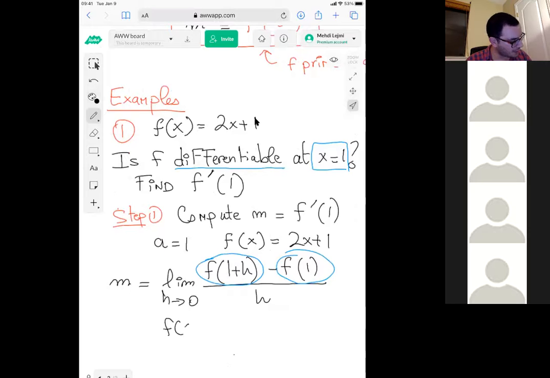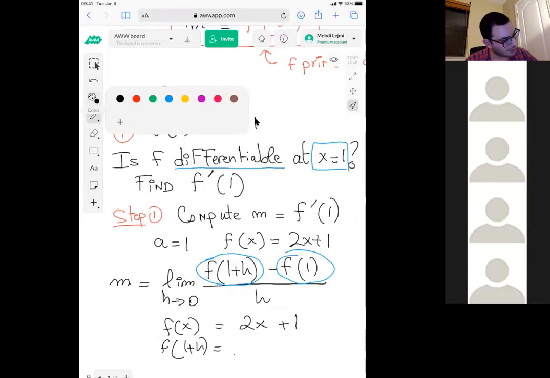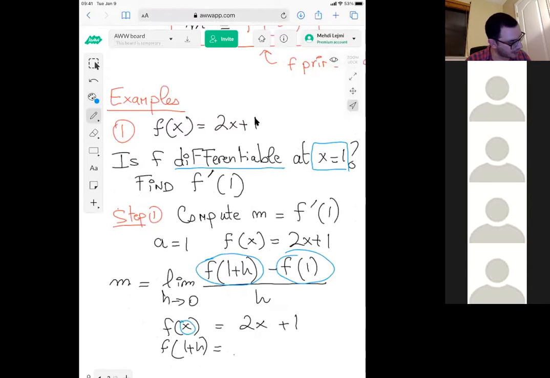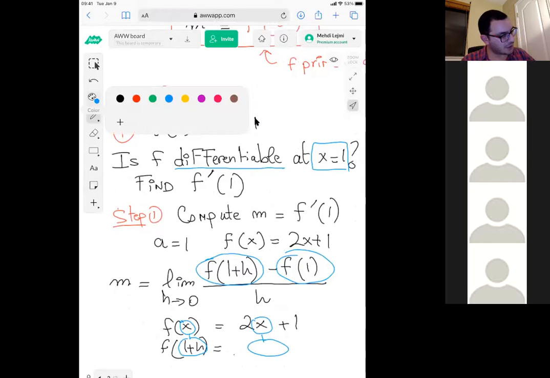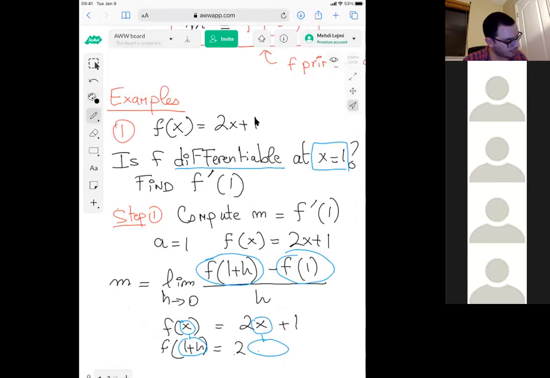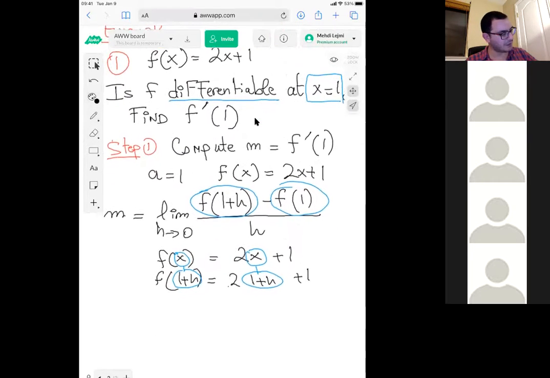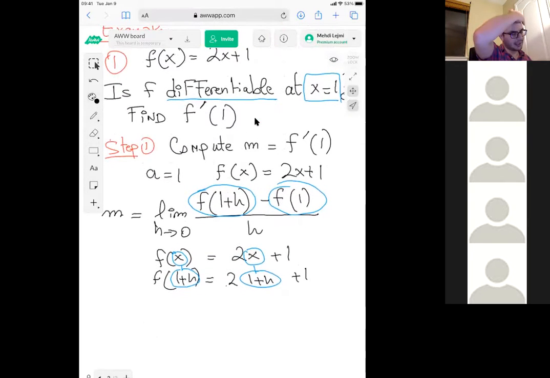So f of x is 2x plus 1. What will be f of 1 plus h then? You just replace this x by 1 plus h. So that will be 2 times 1 plus h, plus 1. Again, guys, you should think of this circle like a parenthesis.